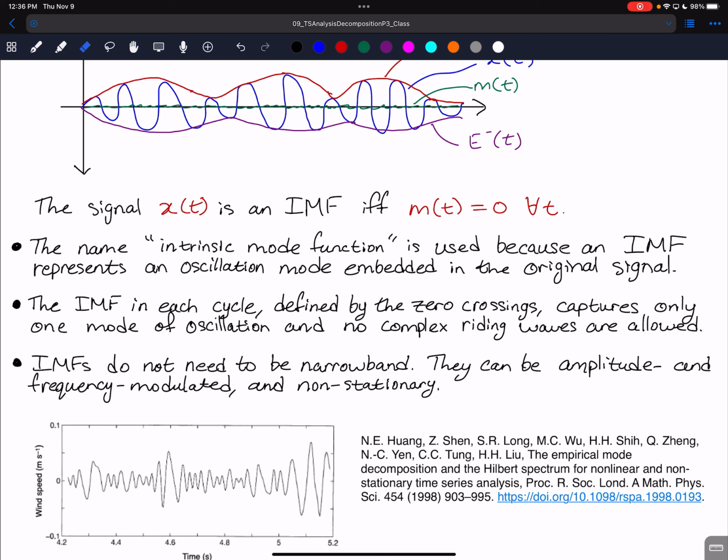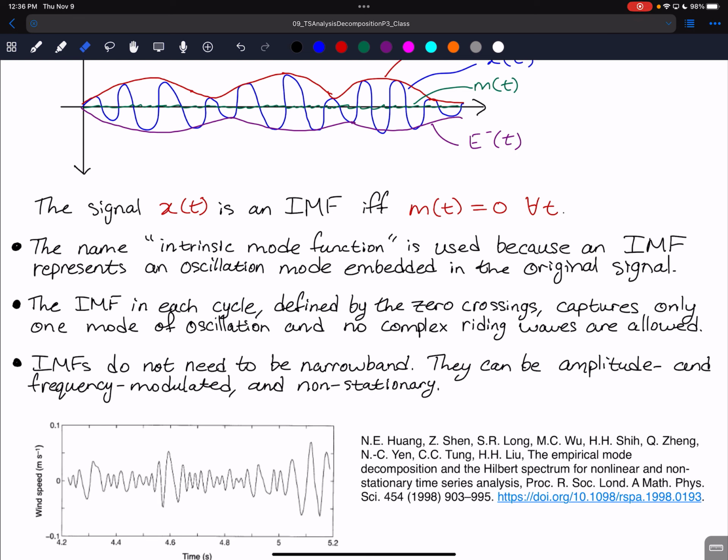And the goal of EMD is that a single IMF will capture, as written there, this is true. So when you apply standard EMD, each IMF will capture only one mode of oscillation in a particular cycle of that oscillation.